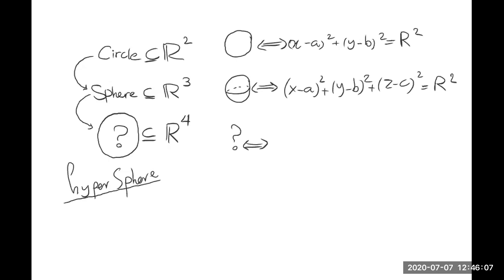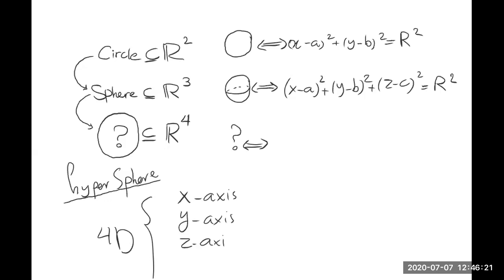If I show the coordinates on R4, I would have x-axis, y-axis, z-axis, and 1 extra axis. Let's name it t-axis. If I want to locate points in 4-dimensional space, I need 4 axes, because in R2, I have 2 axes. In 3-dimensional space, I have 3 axes. So in 4-dimensional space, I need 4 axes.